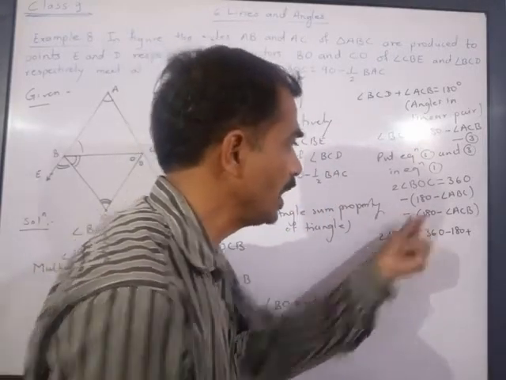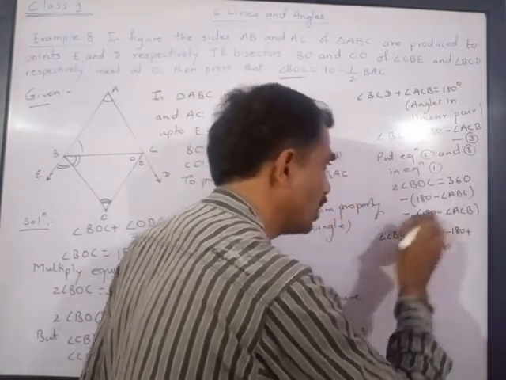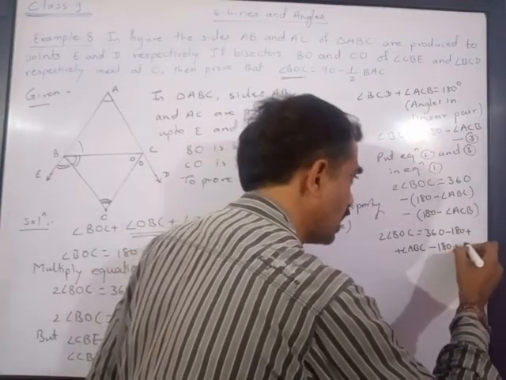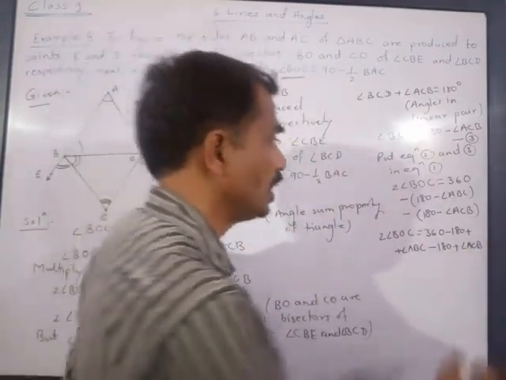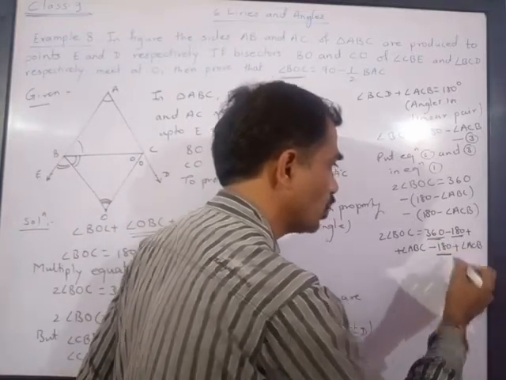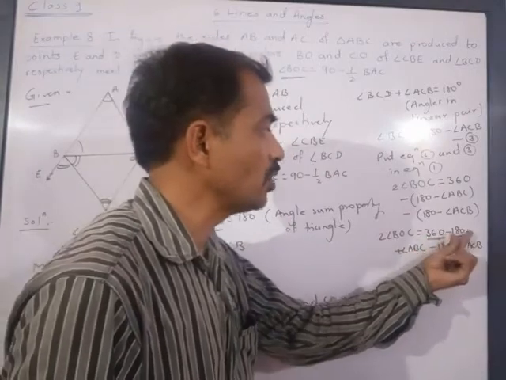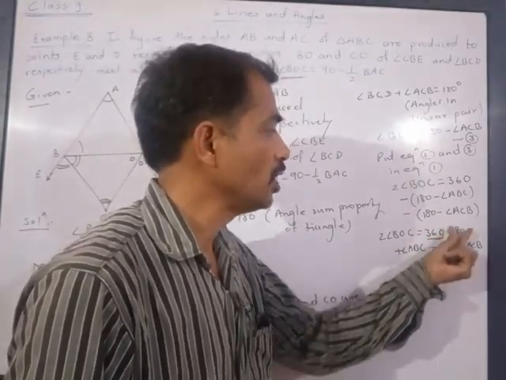Again this will be negative 180, and this negative will again become plus angle ACB. Now watch carefully. This is 360 minus 180, again minus 180. So 360 minus 360 will become 0.